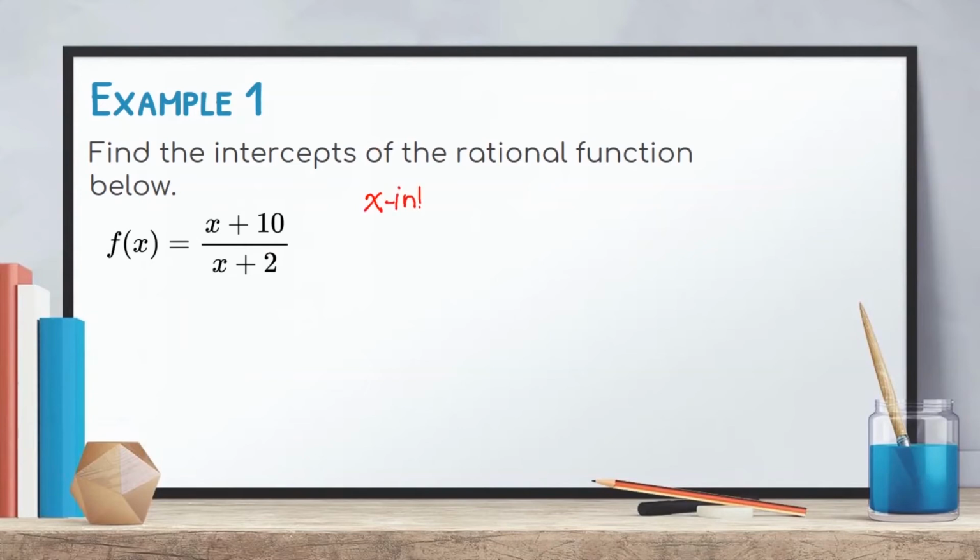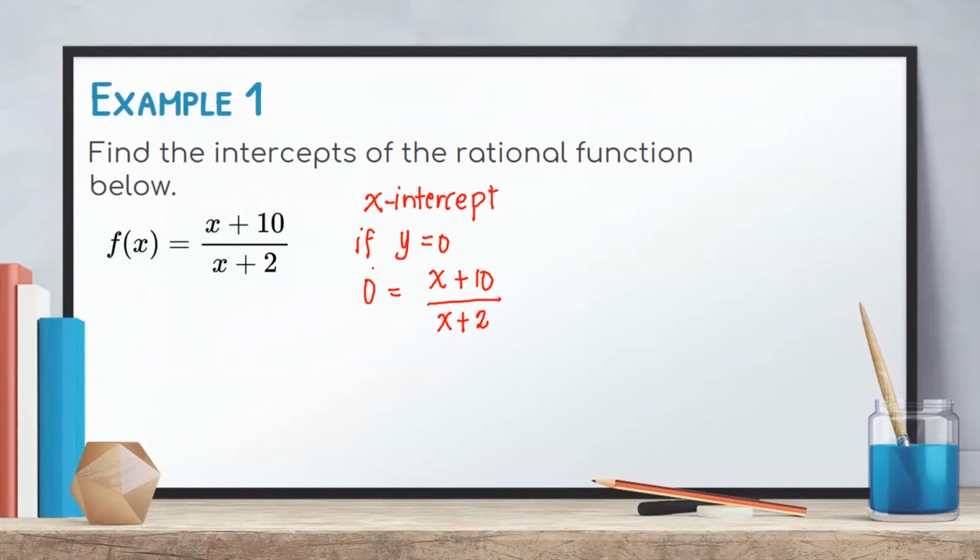To find the x-intercept, we need to set y equals 0. So what we need to do is to substitute 0 to our f of x, because remember that f of x is equal to y. Hence, we will have 0 equals x plus 10 over x plus 2.